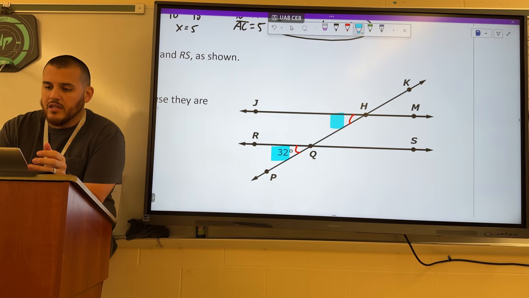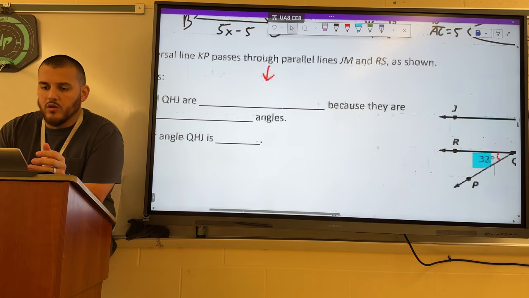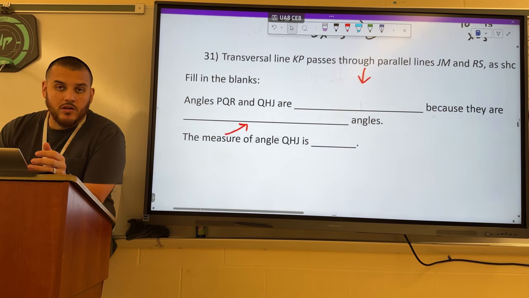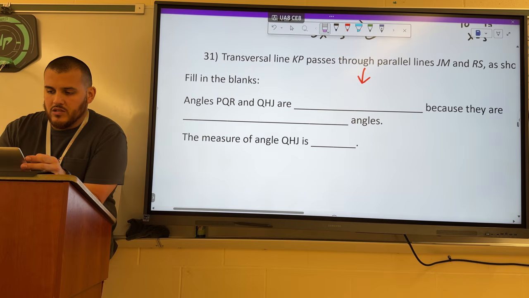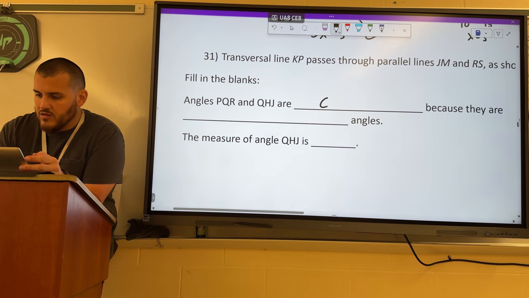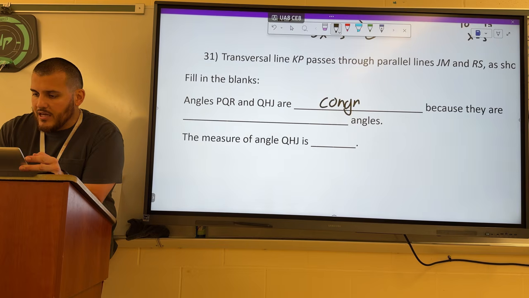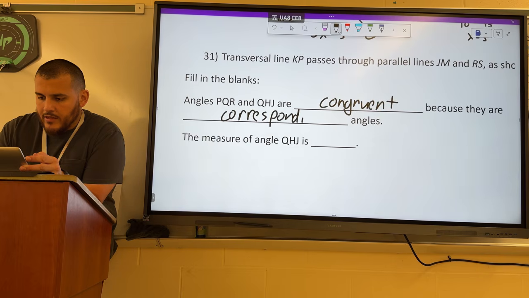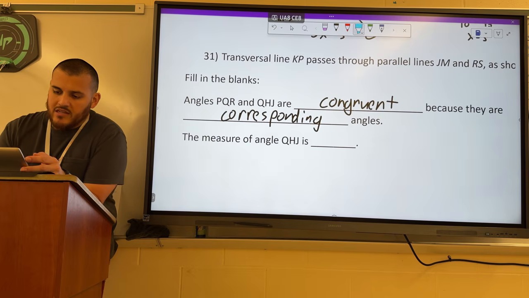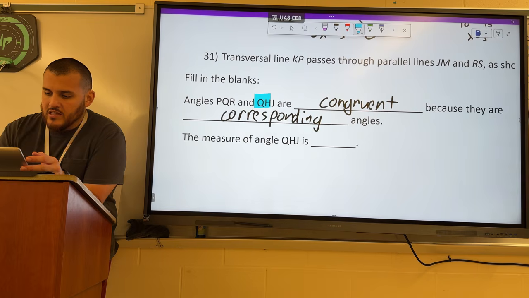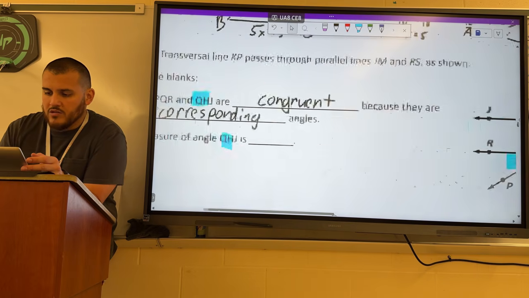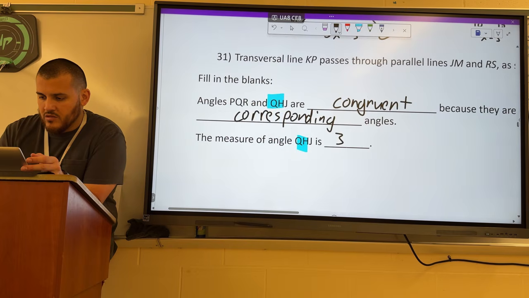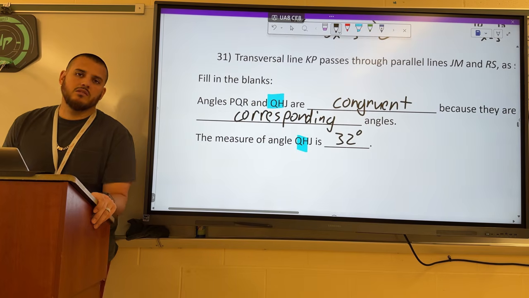And on parallel lines, which we're told these are, corresponding angles are congruent to each other. So the blanks here are, these angles are congruent because they are corresponding angles. The last thing is the measure of QHJ is congruent to the other angle, which was 32 degrees. Congruent means equal in measure, so QHJ is also 32 degrees.